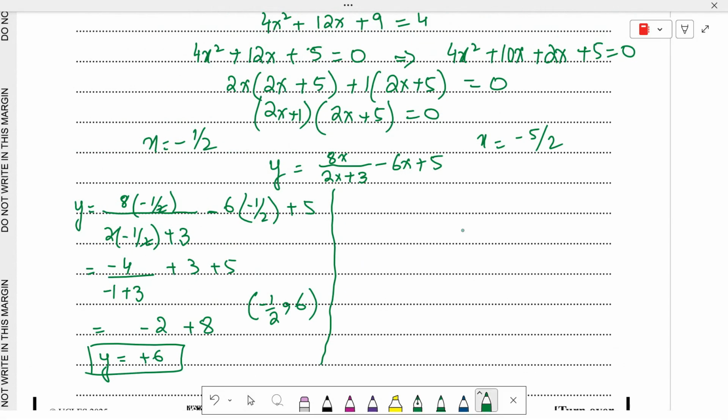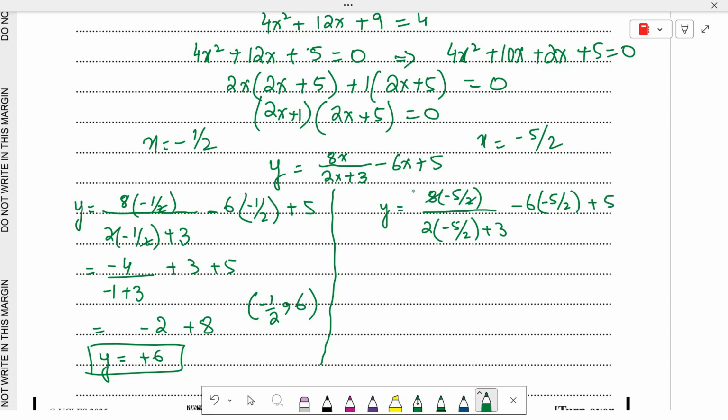On the other side, we plug the x coordinate negative 5 over 2 in the curve equation. So we will have y equals 8 times negative 5 over 2 over 2 times negative 5 over 2 plus 3, and then minus 6 times negative 5 over 2, plus 5.